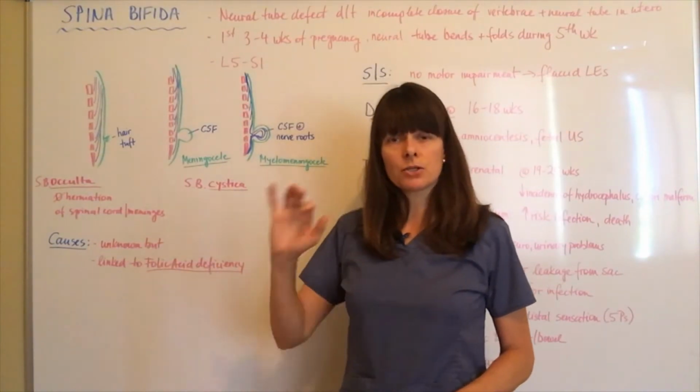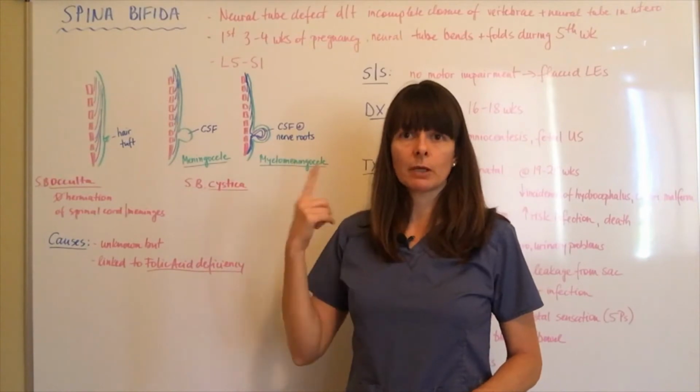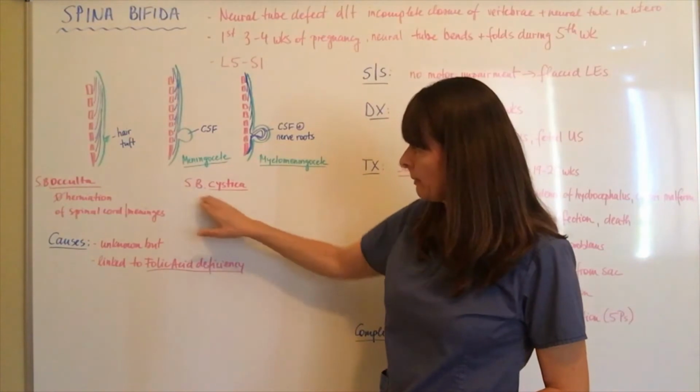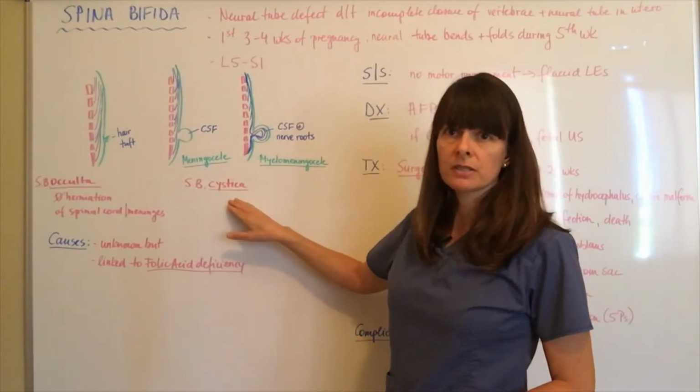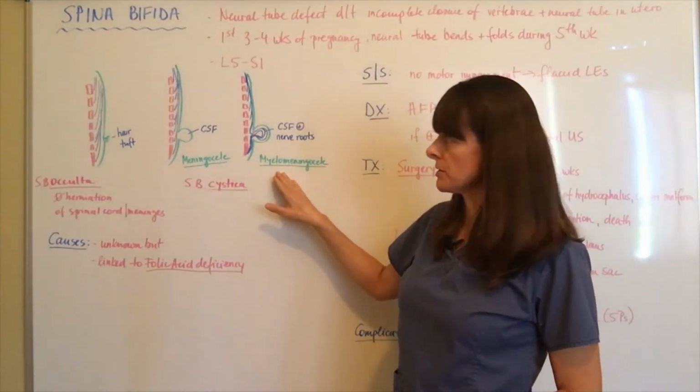And remember, the meninges is kind of like the lining of the central nervous system, including the brain and the spinal cord. In Spina Bifida cystica, we have to distinguish between meningocele and myelomeningocele.